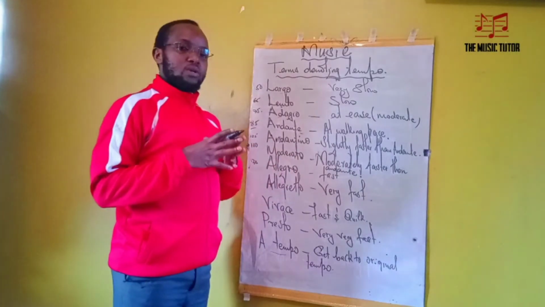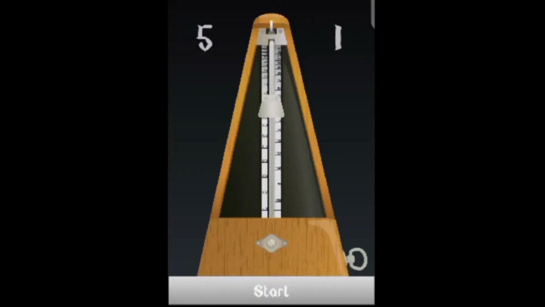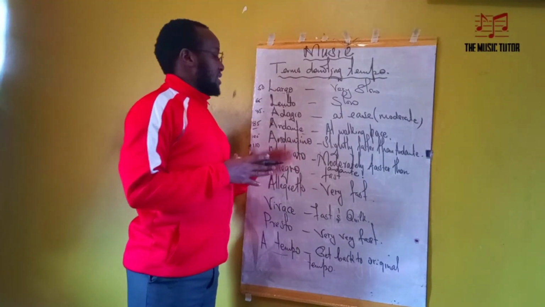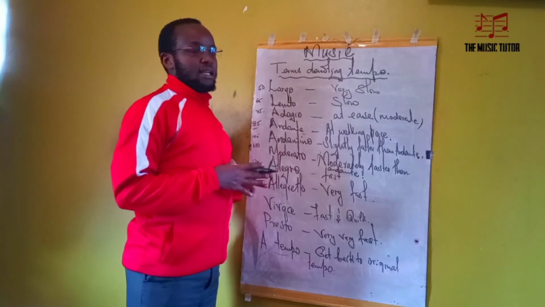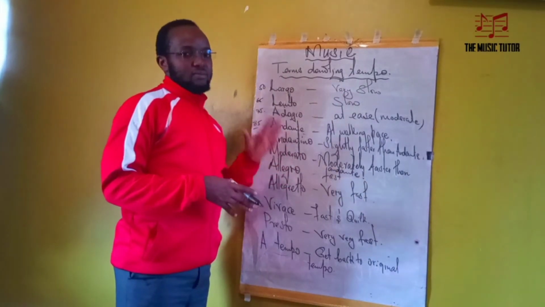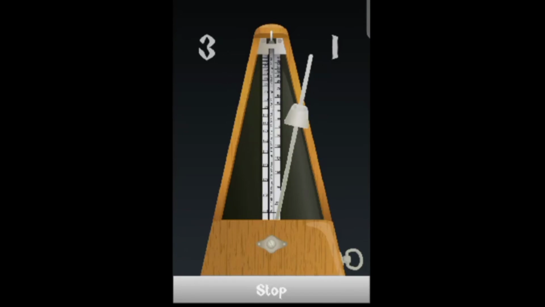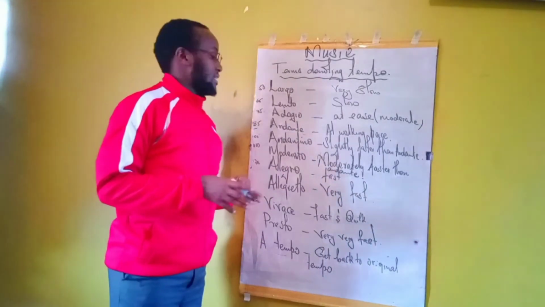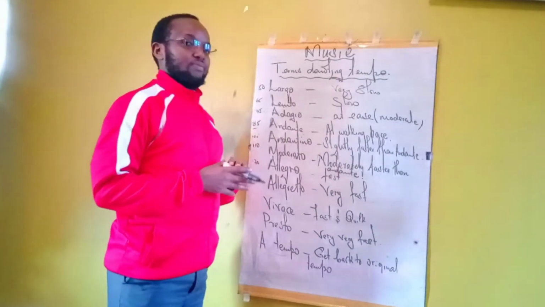Andante is at walking pace. Andantino is slightly faster than andante, at around the pace of 105. Moderato is moderately faster than andantino.